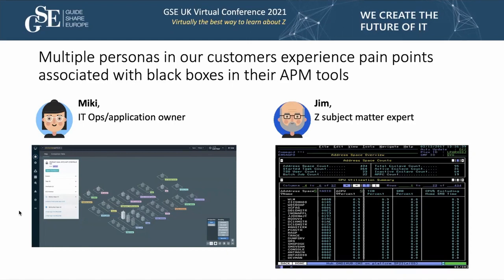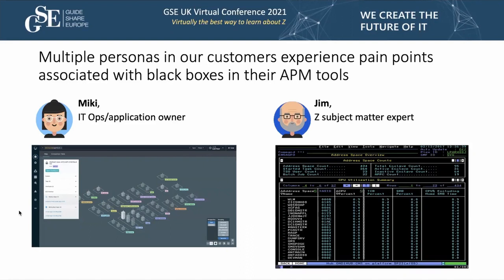So you can see these personas use quite different tooling, and beyond these tools, they may also have different skill sets. Often in large organizations, these people may not even be in the same office. They may not even be in the same country. We often find, when we're talking about APM solutions and traditional mainframe monitors and subject matter experts, there's a gap between the two teams, and they may never have actually met.